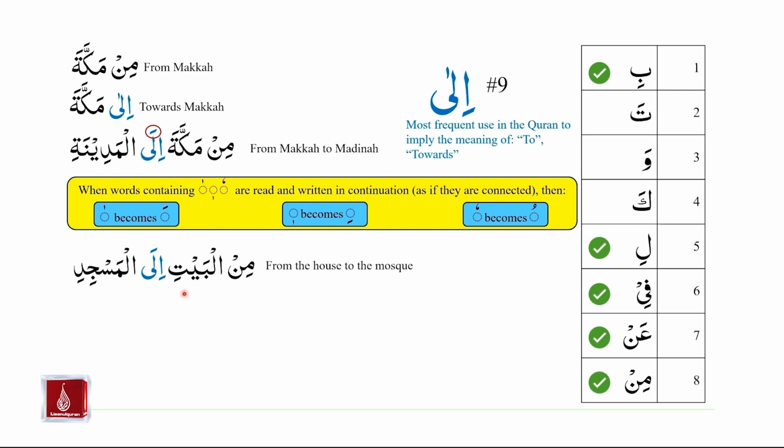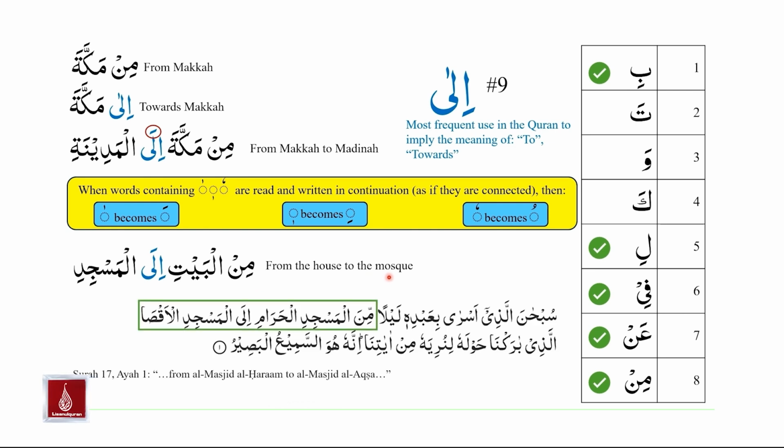Min al-bayti ilal masjidi. Once again, ila is connected with al-masjidi as ilal masjidi, so we will write the regular zabar on top of ila. Min al-bayti ilal masjidi can be translated as from the house to the mosque.